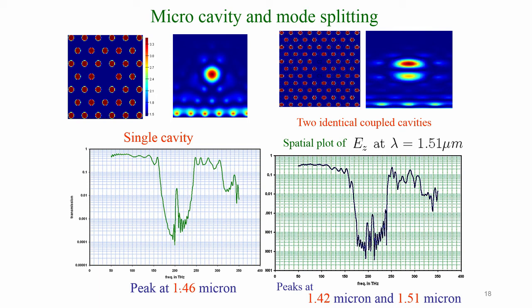Using a double cavity, you can create a mode splitter. So, there are two peaks here corresponding to each of these things, and of course, they are coupled. So, the field propagation across these two identical cavities has a coupled structure and has very interesting features for many applications.